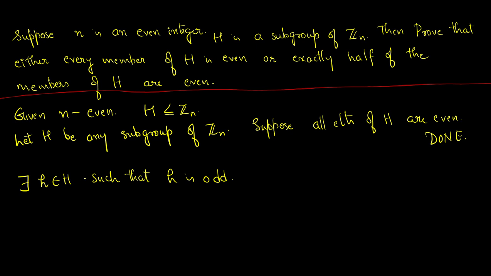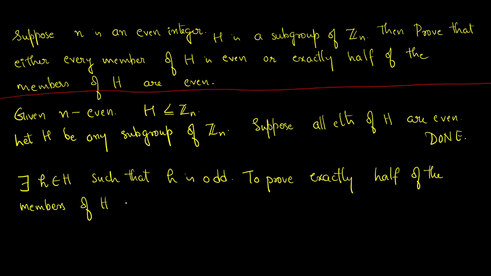Suppose at least one of the elements is odd. In that case, we have to prove that exactly half of the members of H are going to be even.